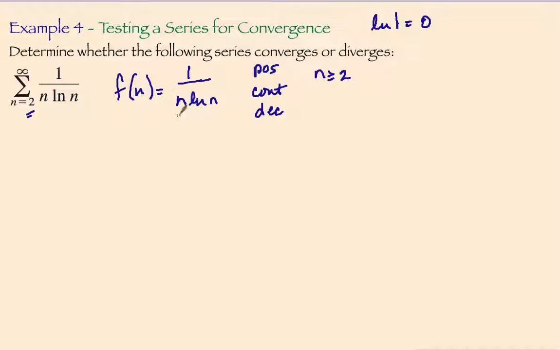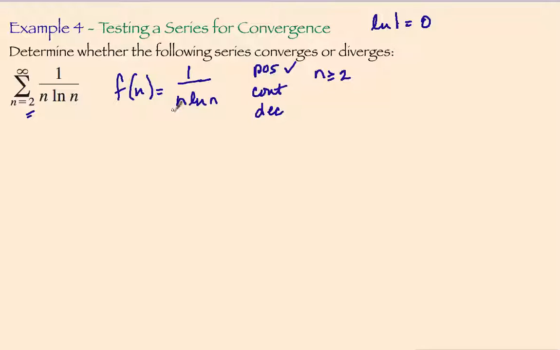F of x is equal to 1 over x natural log of x. That's fine. It doesn't really matter as long as you understand what's going on. So now let's see if this function is going to be positive for n greater than or equal to 2. Well, the natural log of 2 or greater is a positive quantity. Obviously, 2 or greater is positive. 1 over a positive number gives us a positive function for n greater than or equal to 2. How about continuity?